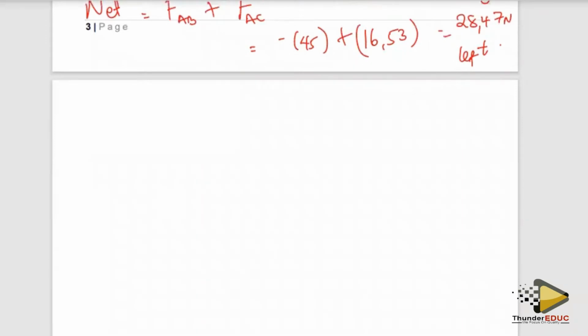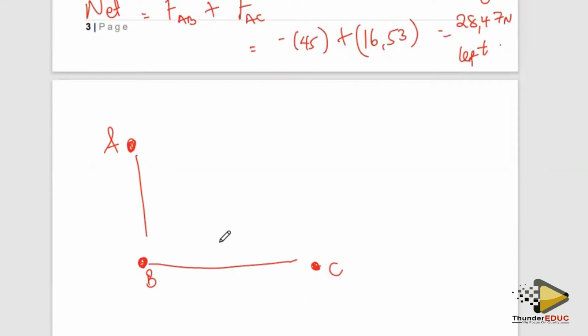Then what if the point charges are just at an angle? Okay, an angle of, let's say, 90 degrees. Let's say I have A here, let's say I have another charge B, and then I have another charge that is C. Let's call the distance here, I don't know, let me call it 2 meters.